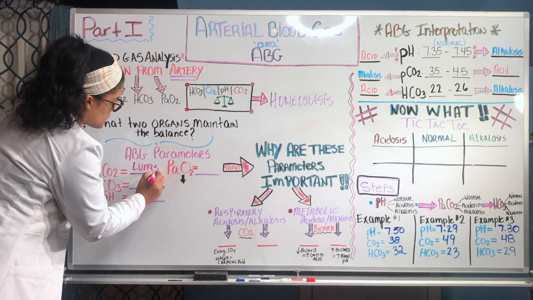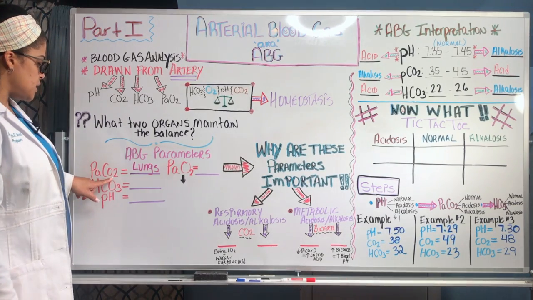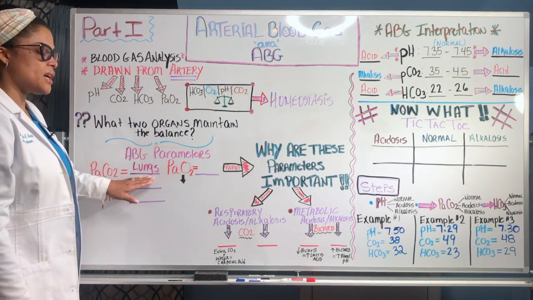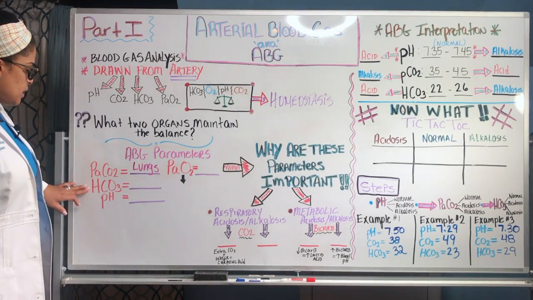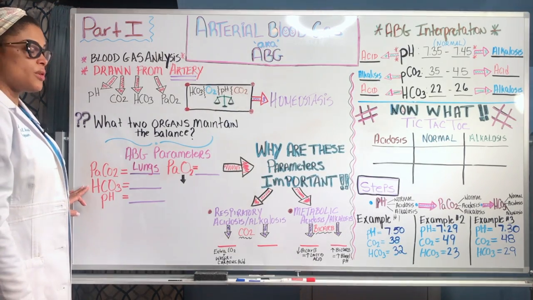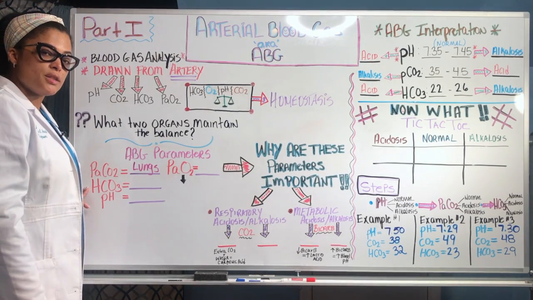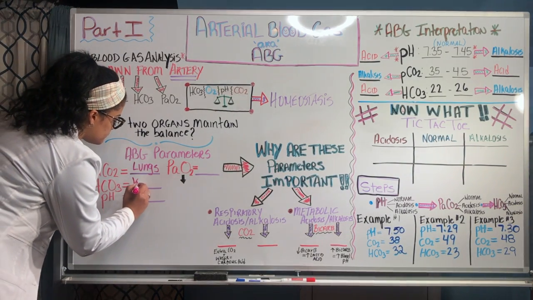So this is a respiratory parameter. So when we're looking at an ABG and we look at the CO2, it's going to tell us how well the lungs are exchanging carbon dioxide. Then we have bicarb, HCO3, and that is a parameter that is maintained by the kidneys.